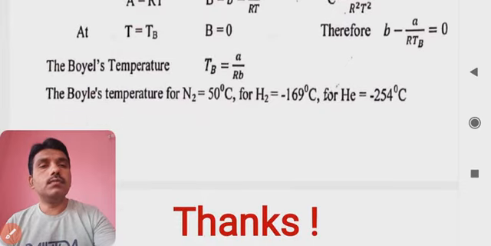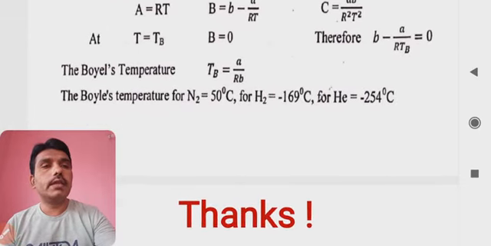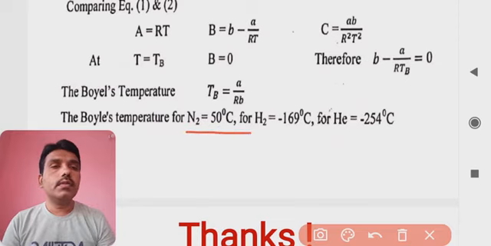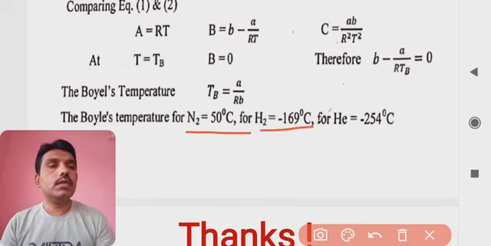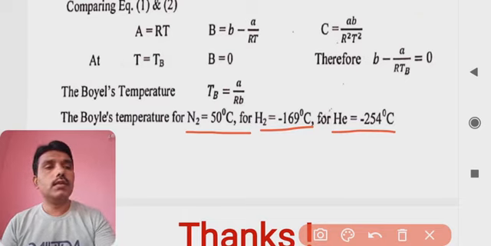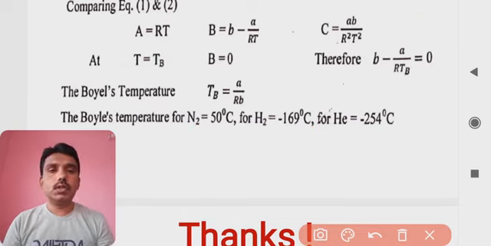And Boyle's temperature for the different gases are different, and here, as for N2 nitrogen, the Boyle temperature is 50 degrees centigrade, for the hydrogen it is minus 169 degrees centigrade, and for the helium it is minus 254 degrees centigrade. So this is what the Boyle temperature is to be there.